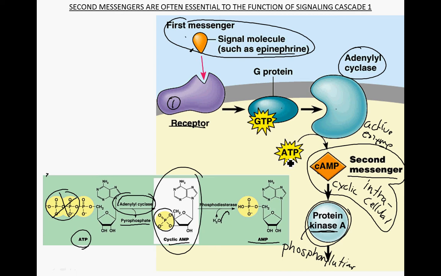Every time we phosphorylate something, we're of course making it to a higher energy level. We're changing its reactivity, making it more reactive. And so the cyclic AMP is an intermediate molecule that will then activate this protein kinase A. So that's one example. A very common example of a second messenger is cyclic AMP. So pause there and review that, see where your questions are.